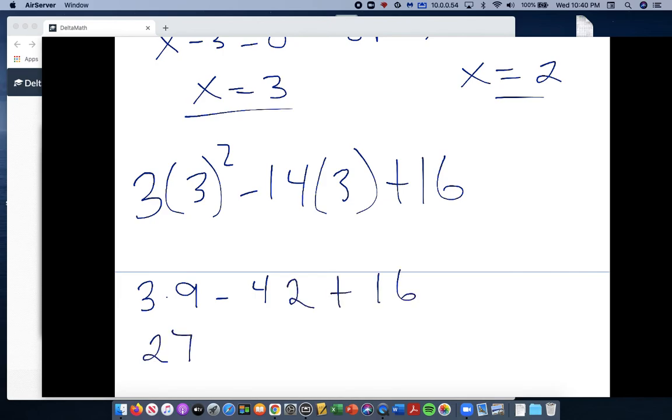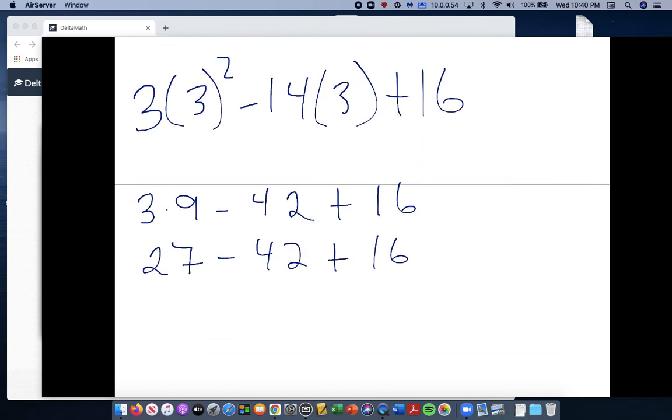So we have 27 minus 42 plus 16, and we get 1. So that's good. That means x equals 3 is a vertical asymptote.